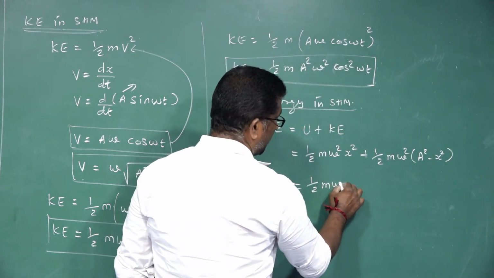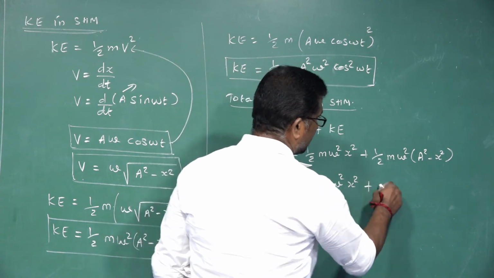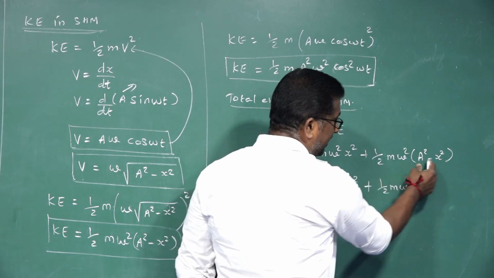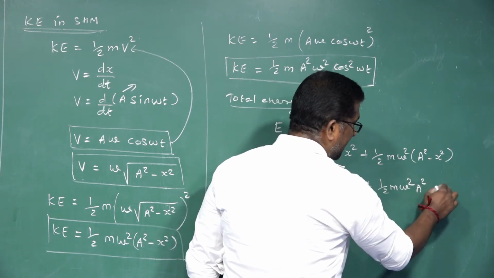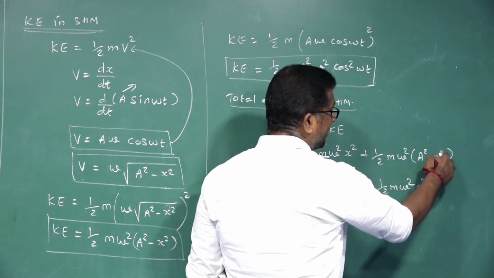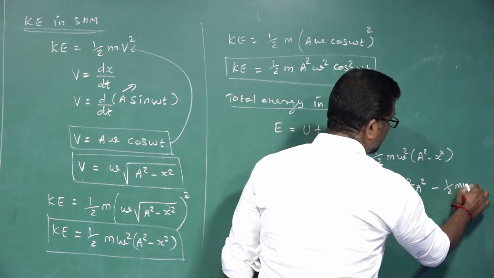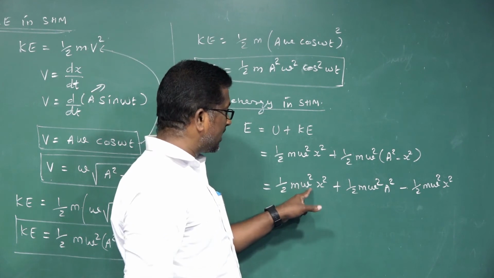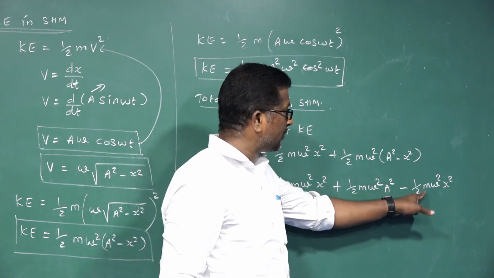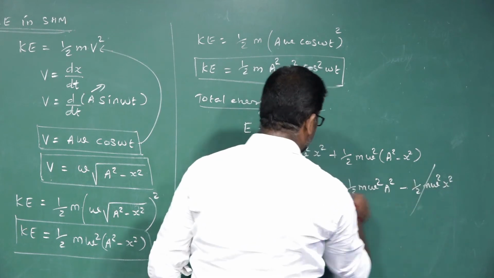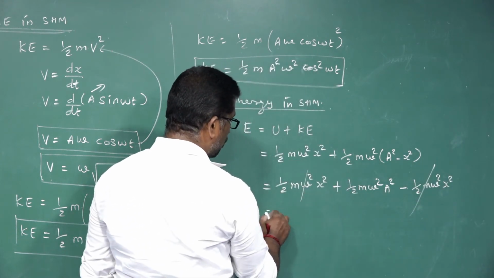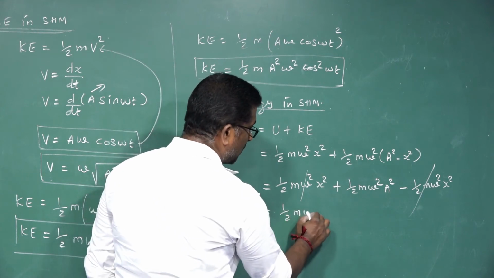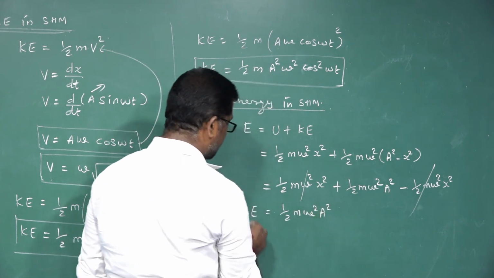Therefore, half m omega square x square plus half m omega square into a square minus half m omega square into x square. Here, plus half m omega square x square minus half m omega square x square get cancelled. Therefore the total energy of the particle in simple harmonic motion E is equal to half m omega square a square.